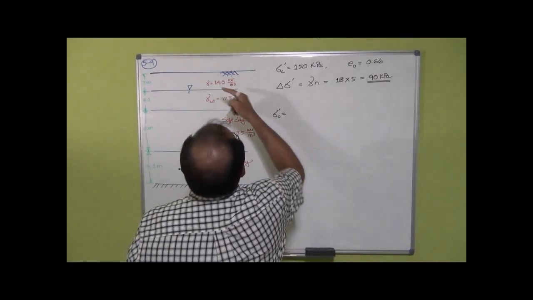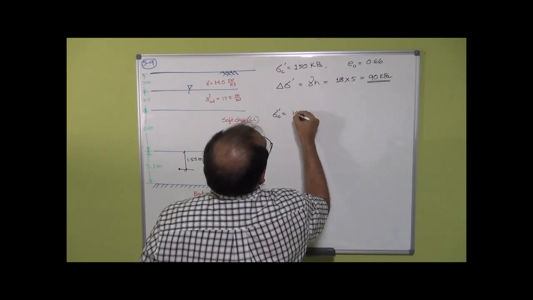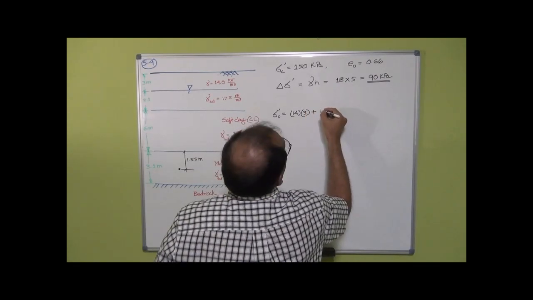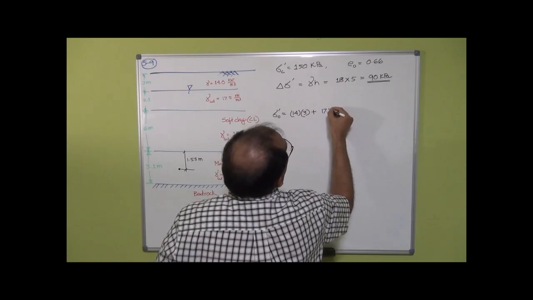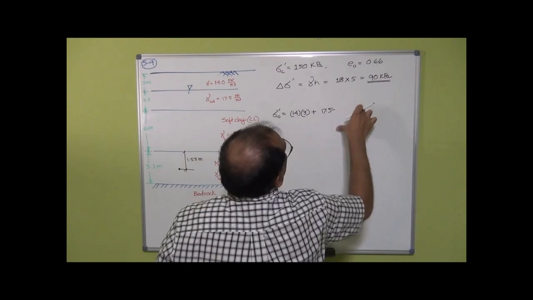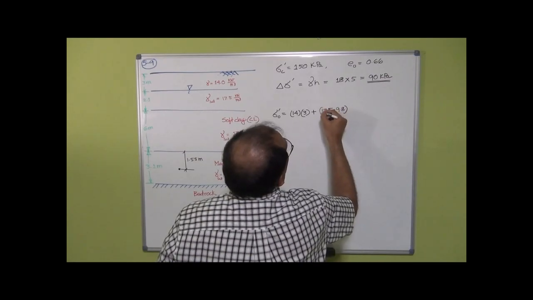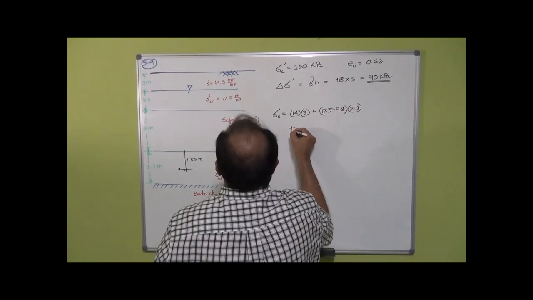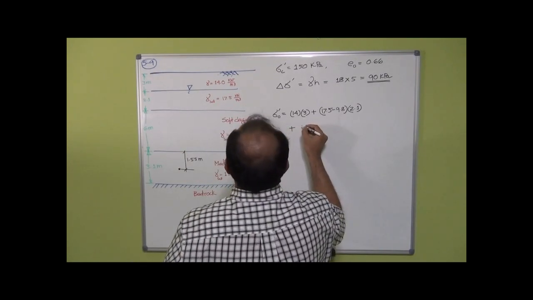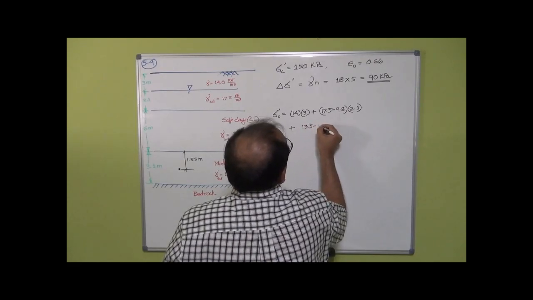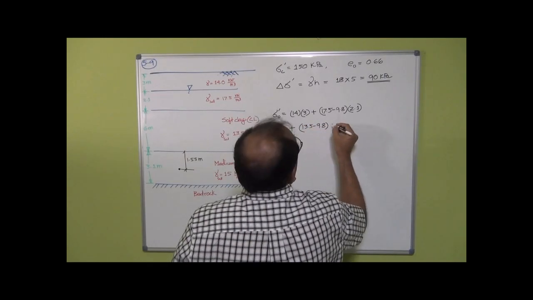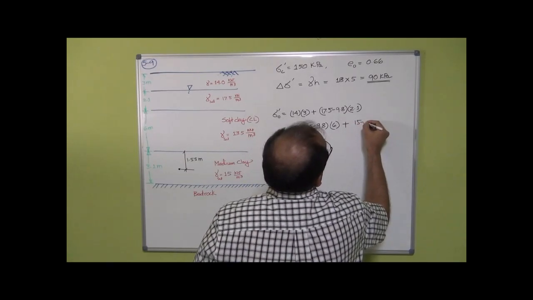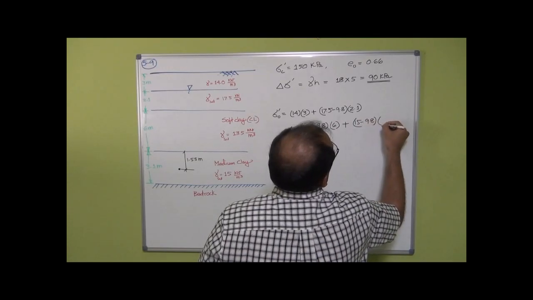So this one would be, let's start from here, 14 multiplied by 3, plus 17.5 minus 9.8, sorry, and the distance is 2.1, plus the soft clay layer, which is 13.5 unit weight minus 9.8, and the height is 6, plus 15 minus 9.8 multiplied by 1.55.